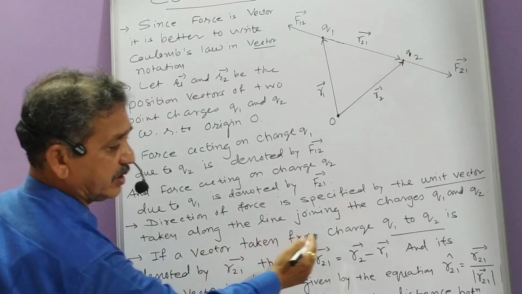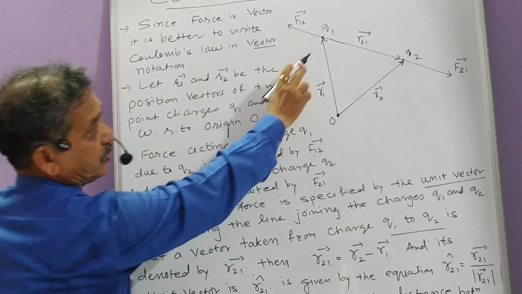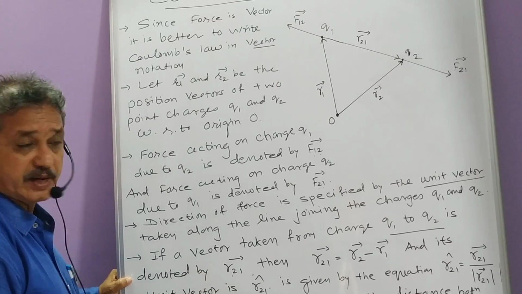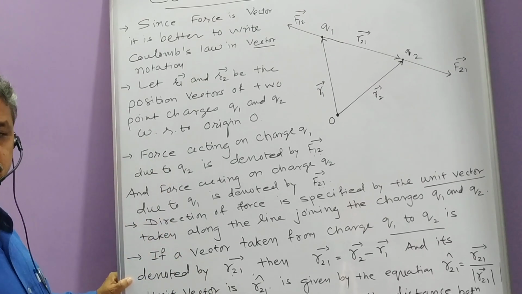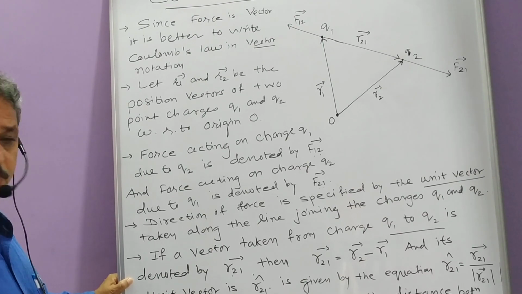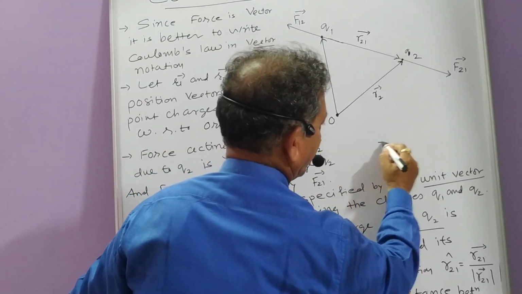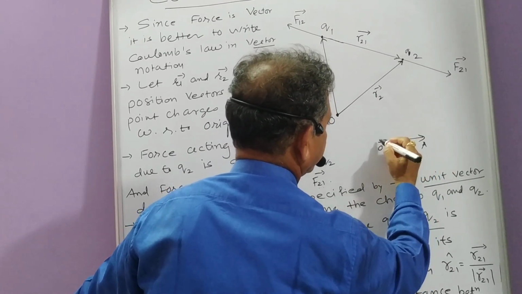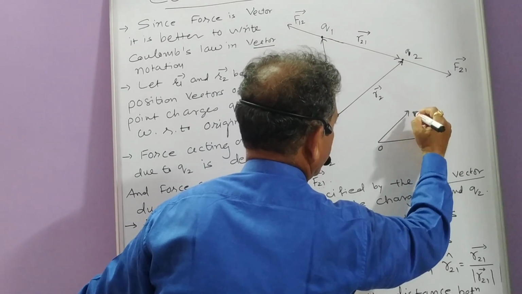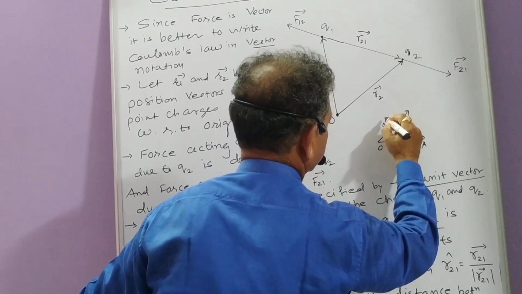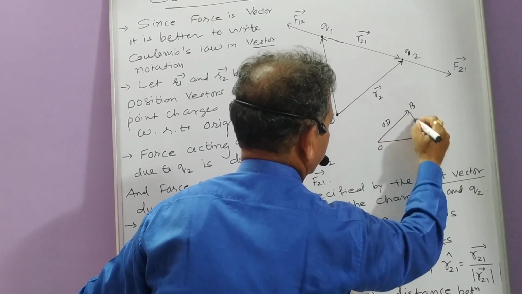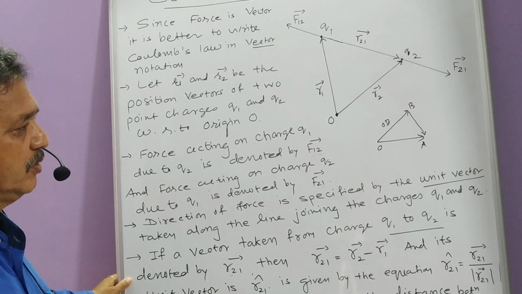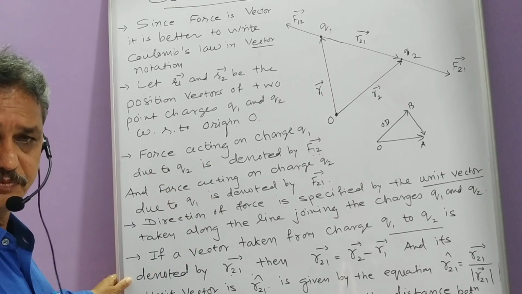So if the vector taken from charge Q1 to Q2 is denoted by vector R21, then according to the triangle method, what is the triangle method? As you know, if this is one vector OA, this is another vector OB, and this is a third vector BA, then what will you write about vector BA?